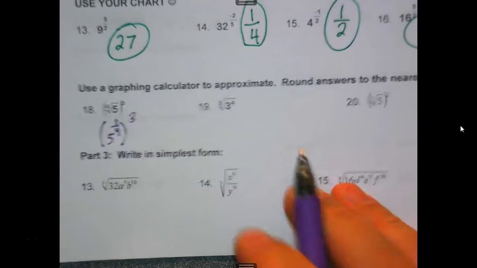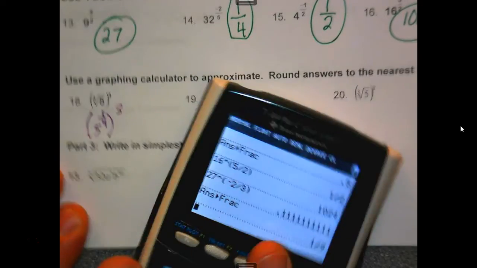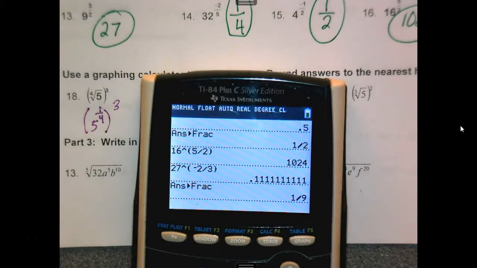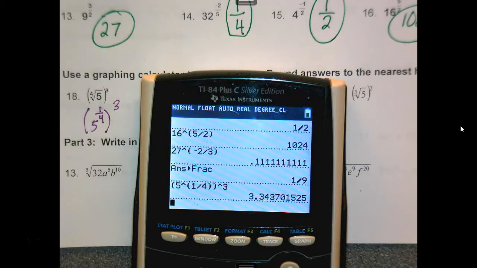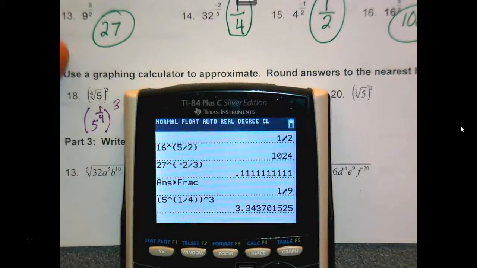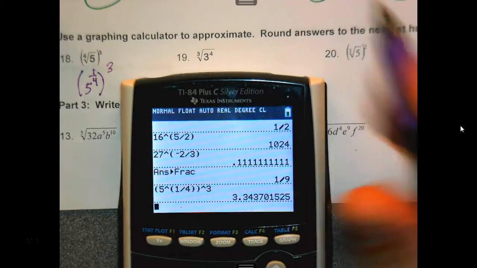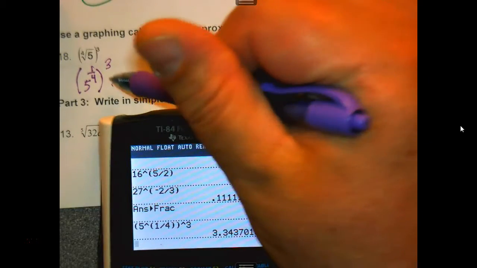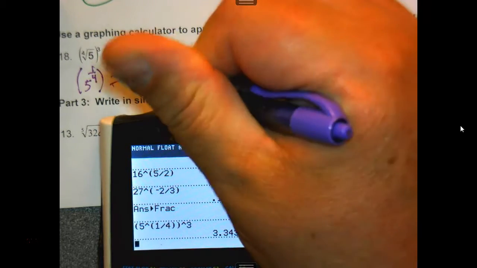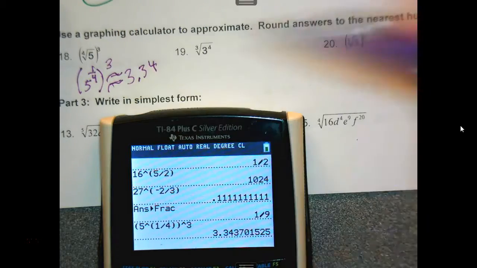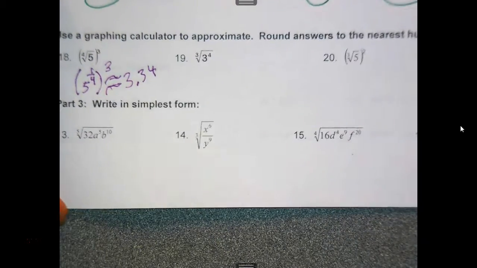Now I could put this in a calculator. I got to put that in parentheses. So parenthesis 5 raised to the 1/4 raised to the 3. I get 3.34. What do I want? Fraction or decimal? Decimal. So this equals 3.34. It's actually an approximation. You got to use squiggly lines.